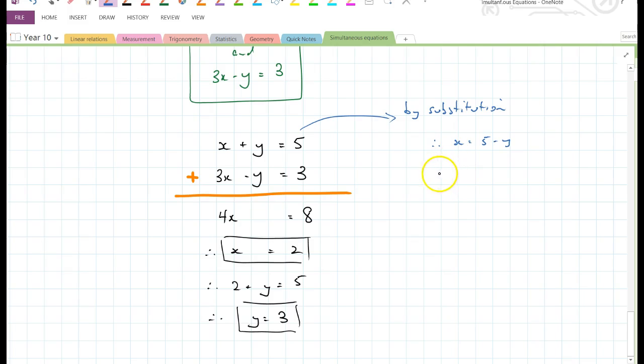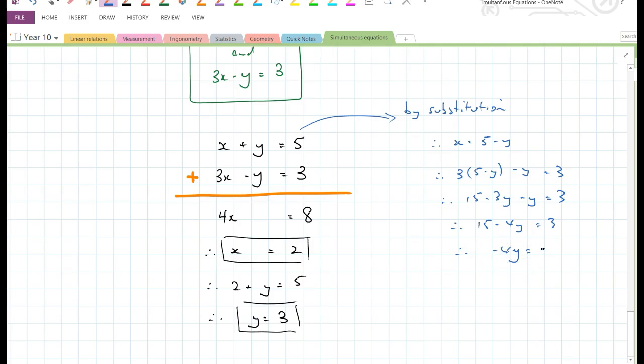And therefore, in the second equation, rather than write x, we could write 5 minus y. So we could have 3 times (5 minus y) equals 3. We could do all that. And therefore, 15 minus 3y minus y equals 3.